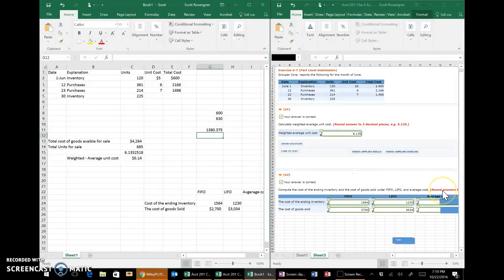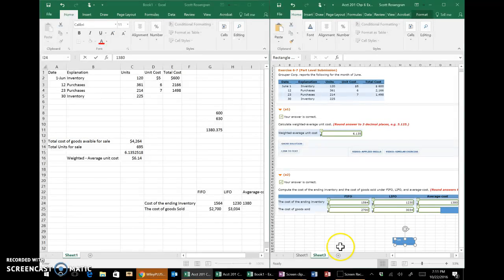In this answer, they didn't want us to have any decimals. So let's see if we're right. Our cost of the ending inventory using average cost would be 1,380.